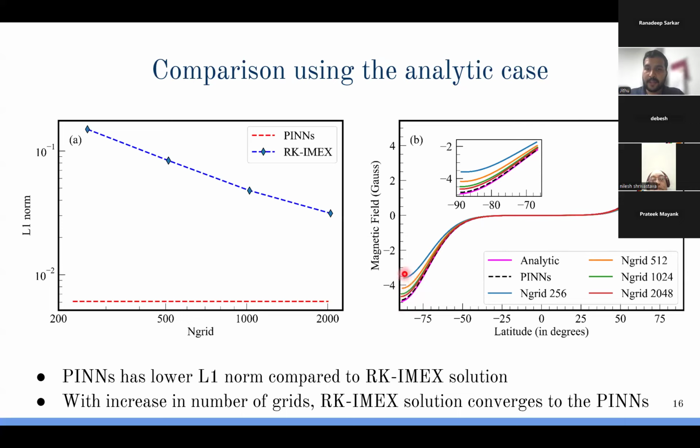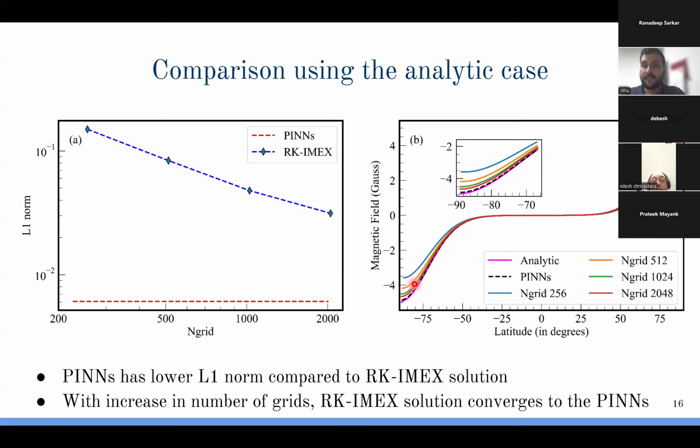Different numerical solutions are given in different colors, and these are from different resolutions. You can see the black line, which corresponds to the PINN solution. The PINN solution corresponds very well with the analytical solution, and the numerical solution, as we increase the resolution, comes closer and closer to the analytical solution.